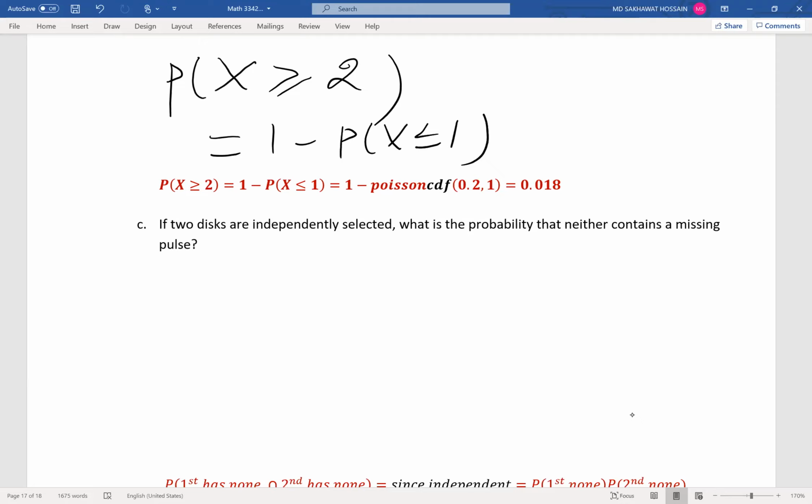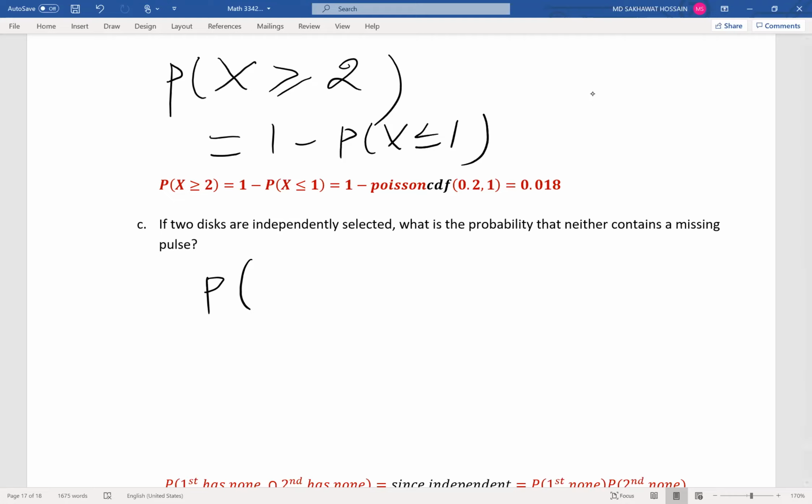And part C is: if two disks are independently selected, what is the probability that neither contains a missing pulse? This question is a little different from the other questions. Not containing a missing pulse means the value of x is 0.